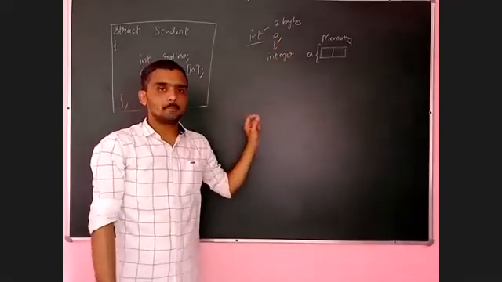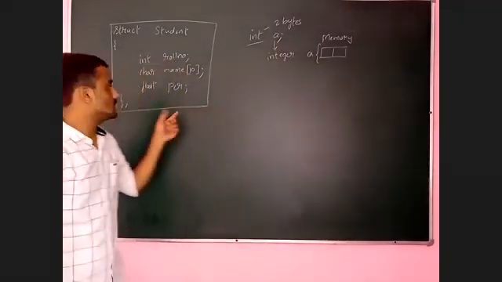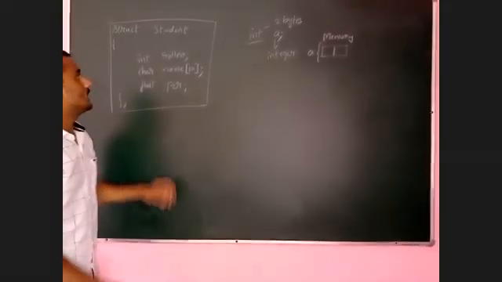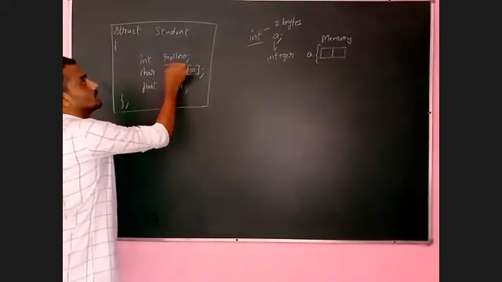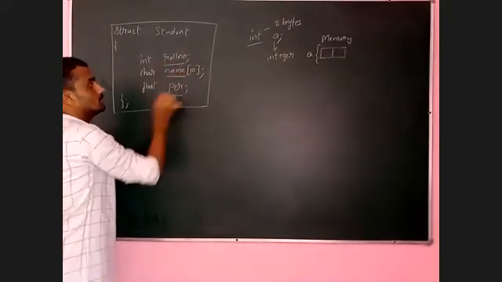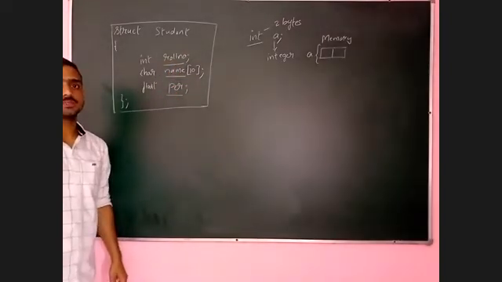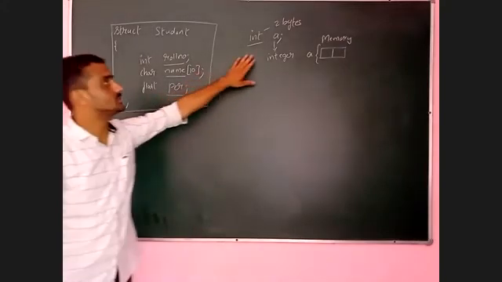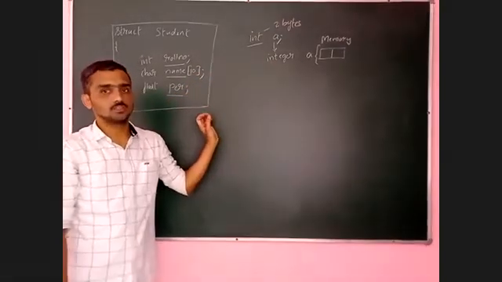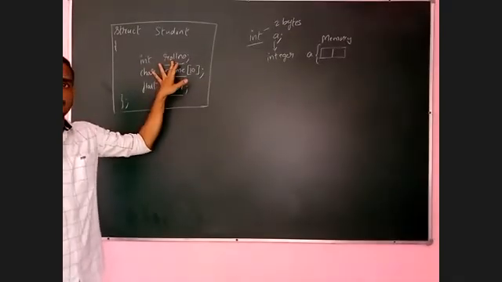Now, if you compare the same thing in case of structure, I have three variables: roll number, name, and percentage. Now, when you compare this memory representation, roll number should occupy 2 bytes because it is an integer.